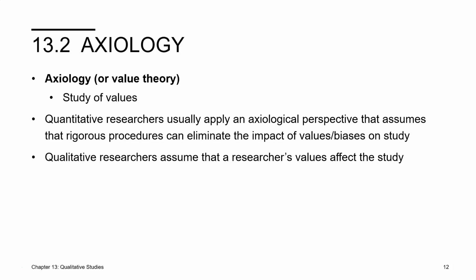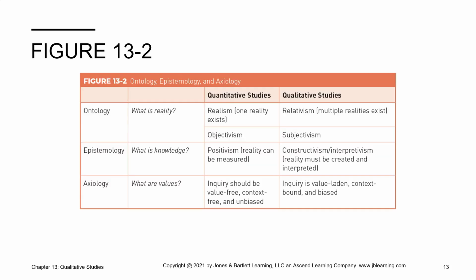Whereas qualitative researchers assume that a researcher's values actually affect the study. And so figure 13.2 goes over these concepts related to what is reality, what is knowledge, and what are the values, and the differences within quantitative and qualitative studies. Here you can go through on your own time.